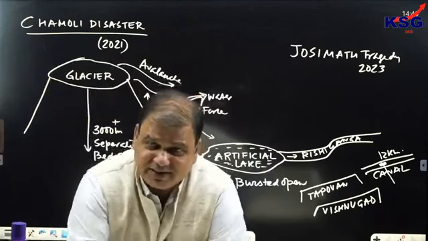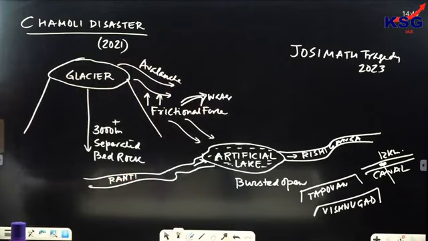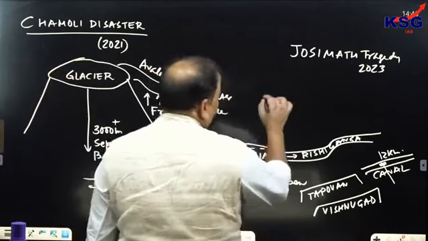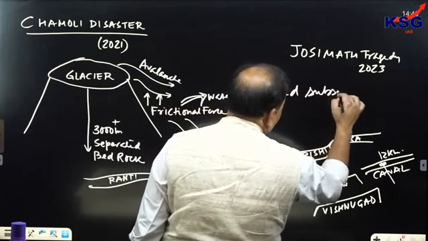But the Joshimath tragedy, you can take a screenshot of this also, then we move forward. The Joshimath tragedy is an example of land subsidence. Let me write it down.